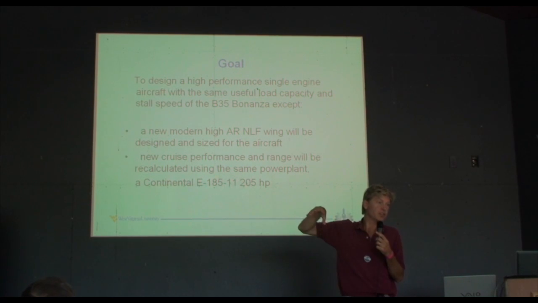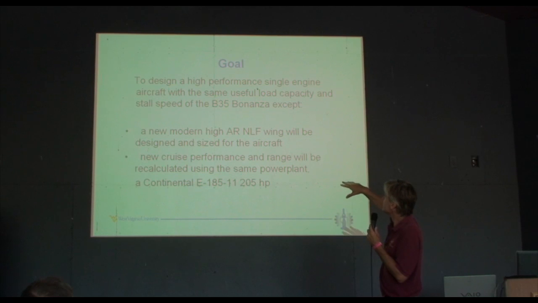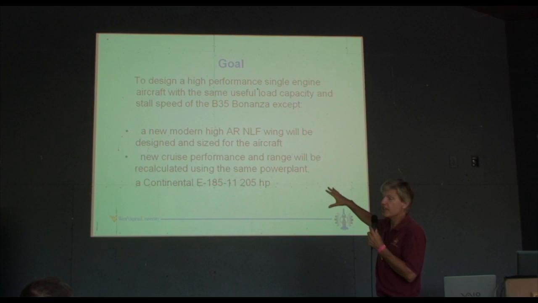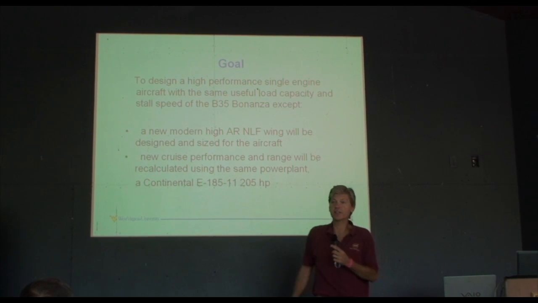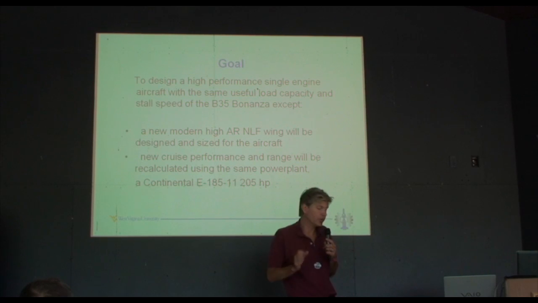That means natural laminar flow wing. Design and size for the aircraft. The new cruise performance and range will be recalculated using the same power loading or the same power plant. Okay, so taking what we know, we're going to put a new wing on it.